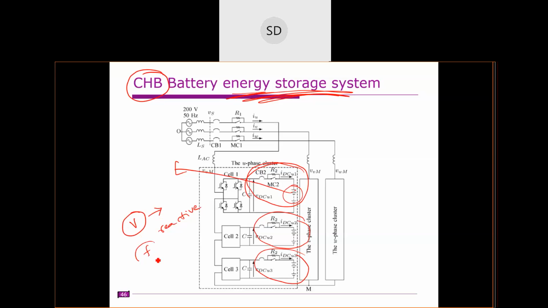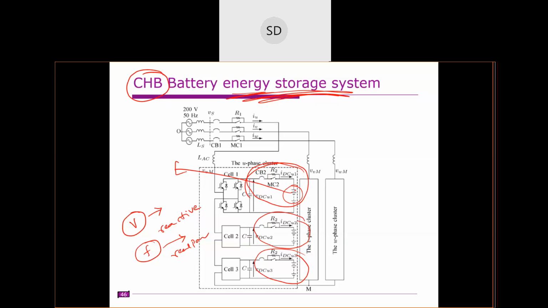If a frequency disturbance is there, the main cause may be real power. Reactive power varies the magnitude of the voltage, and fluctuations in real power vary the frequency. The battery energy storage system provides that additional support so that the grid will not be unstable.